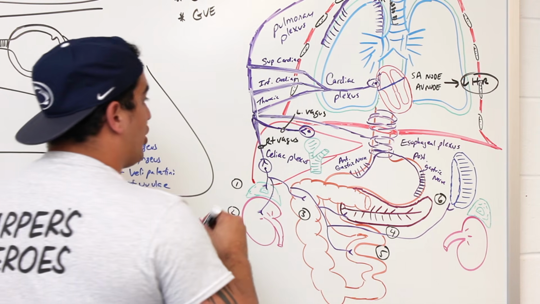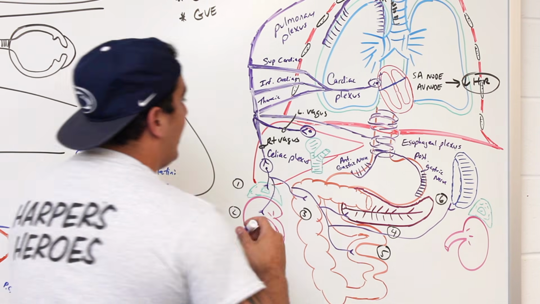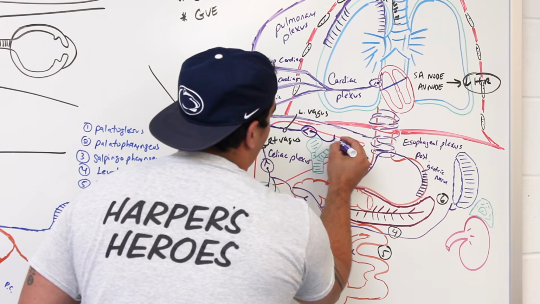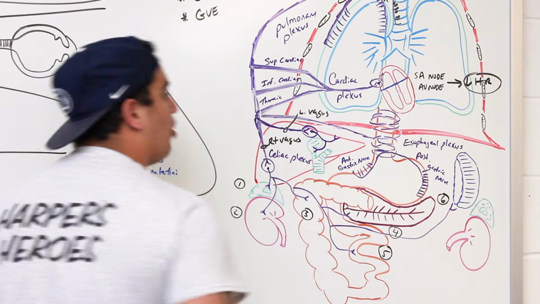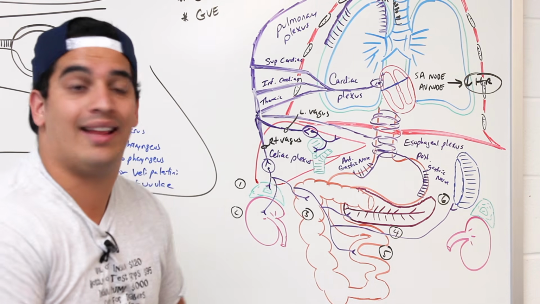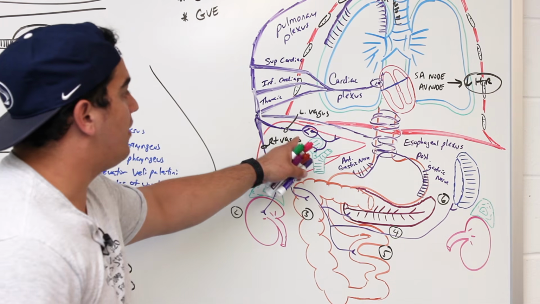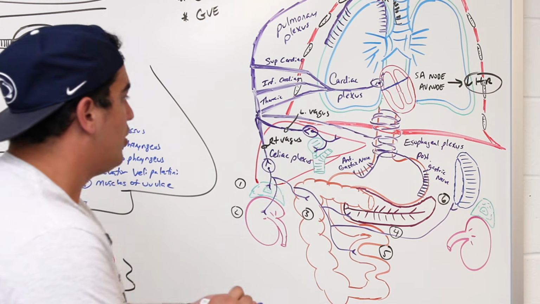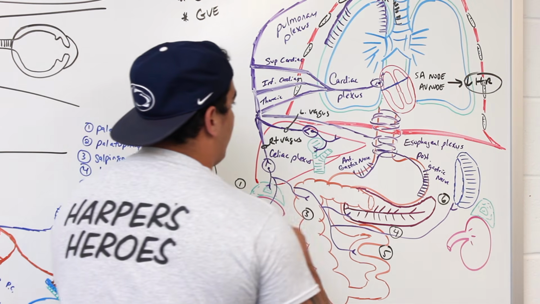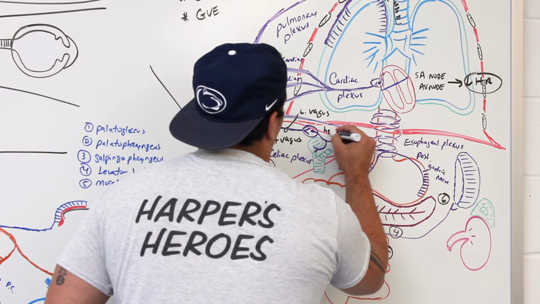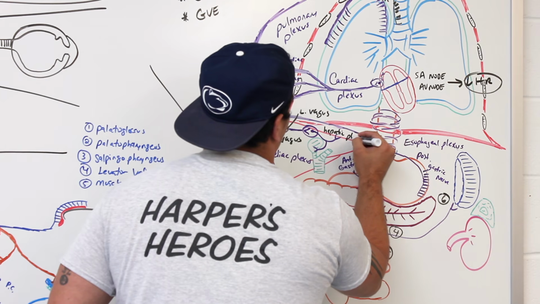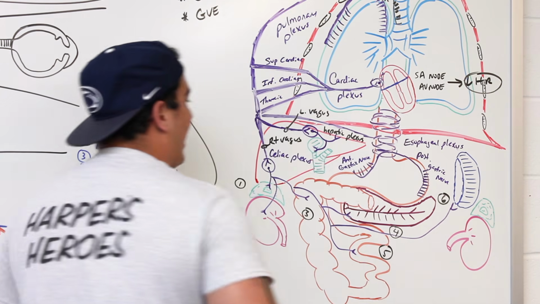The left vagus is going to go to what's called the hepatic plexus. And the hepatic plexus is going to supply the liver, and it's also going to supply the gallbladder. Okay, so it's going to supply the liver and the gallbladder. But that's specifically coming from the left vagus. So what is this plexus right here called? This is called the hepatic plexus, which supplies the liver and the gallbladder.